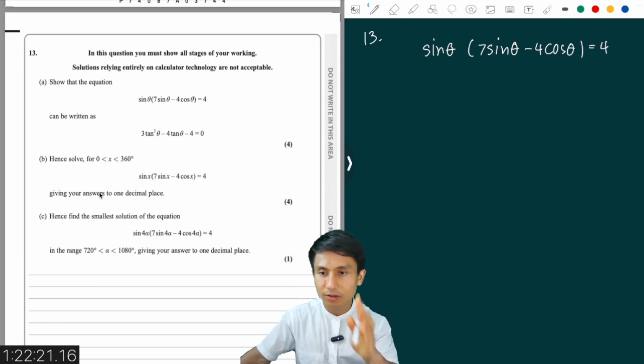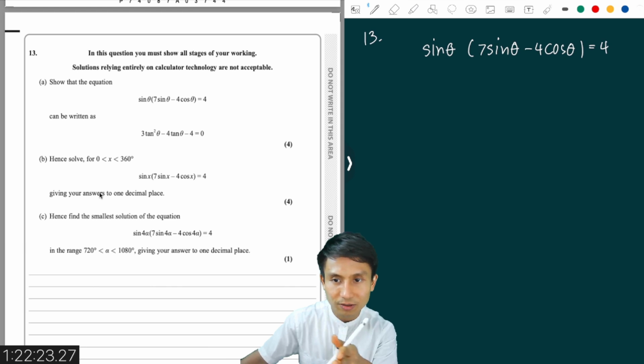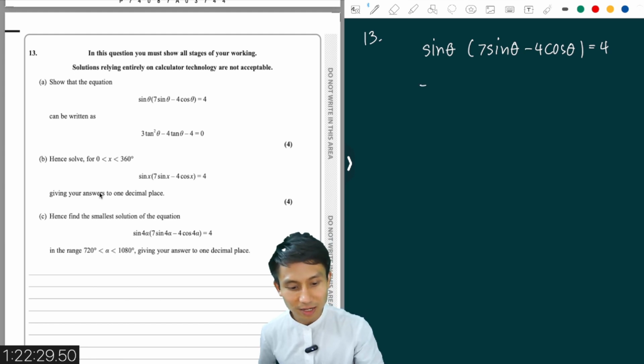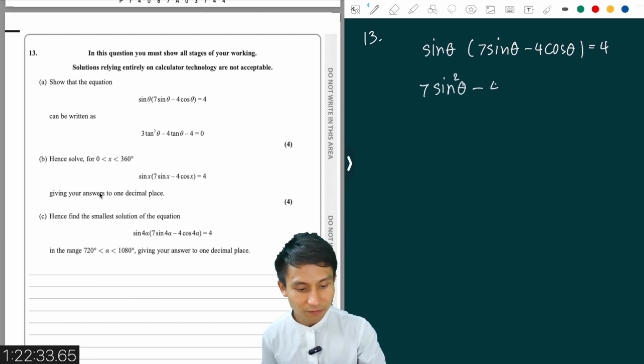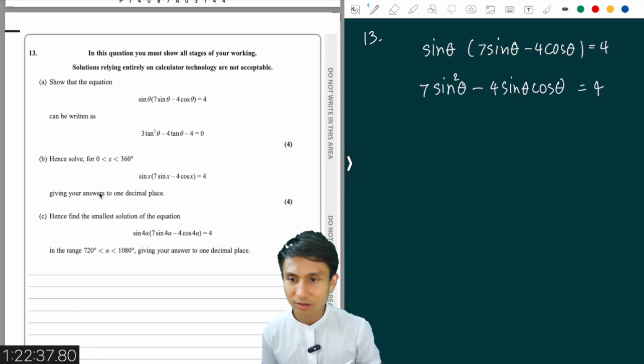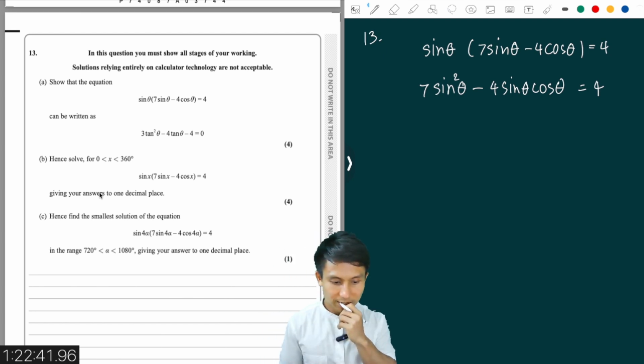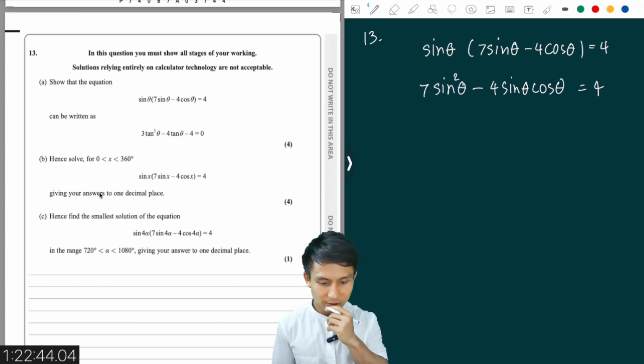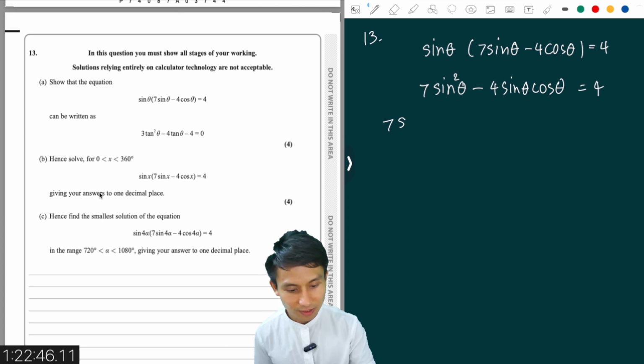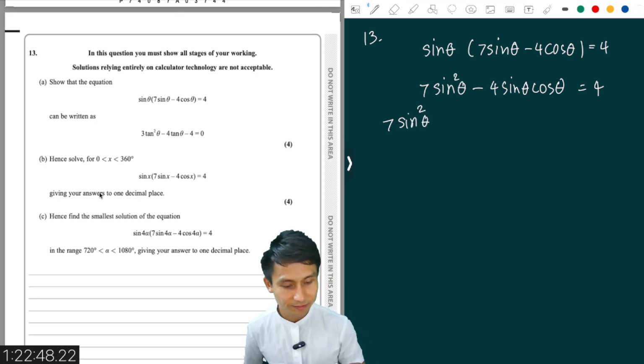Hang on. If we divide the whole thing by cos theta, although we get 10 and 10 on the other side, no, that won't be good. I'm just going to multiply out, actually. So multiply out, I get 7 sine squared theta minus 4 sine theta cos theta equals 4. Okay, that is weird now. Oh, I see something. Do I?